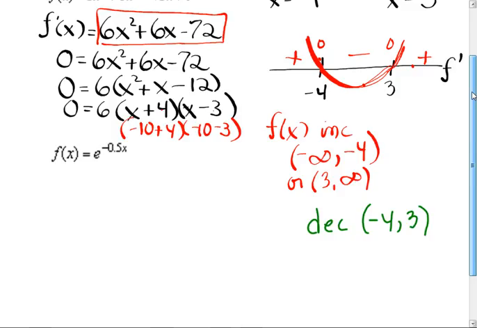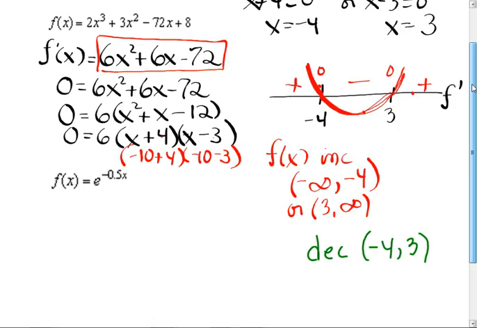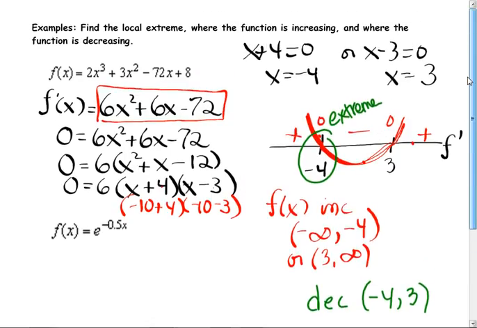Are there any extreme values? Does the sign change at all anywhere? Yes. This would be an extreme. I'm not sure if it's max or min, but this is an extreme. Are we asking for values here? Find the local extreme.